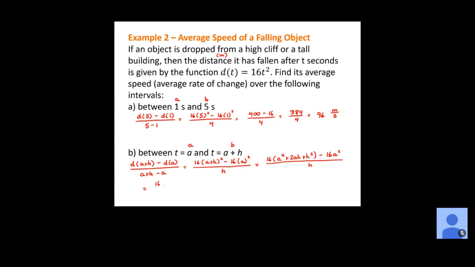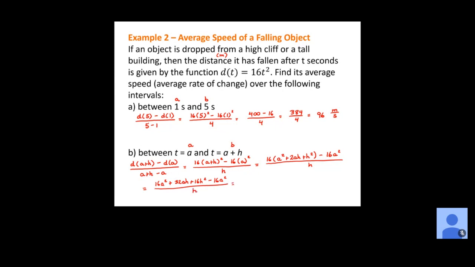So that's going to give us 16a squared plus 16 times 2ah would be 32ah. And then 16 times h squared would be 16h squared minus 16a squared all over h.